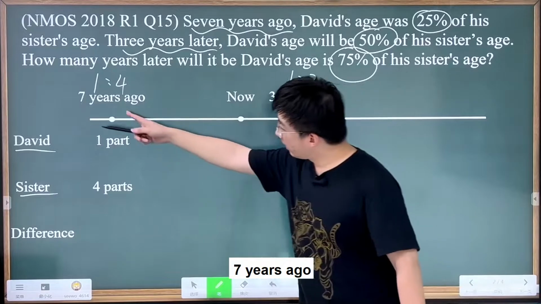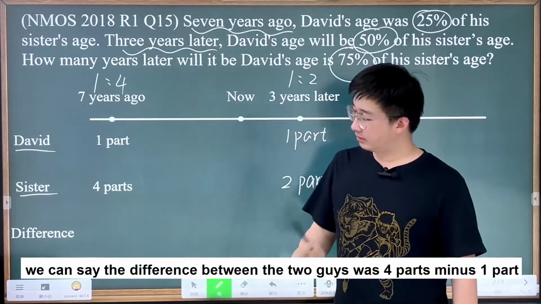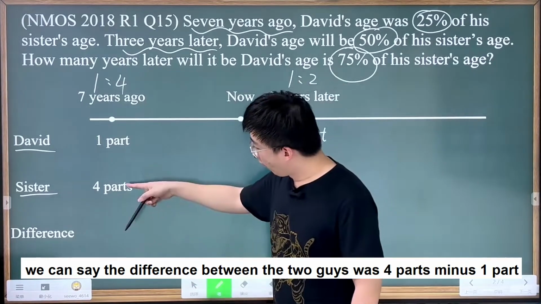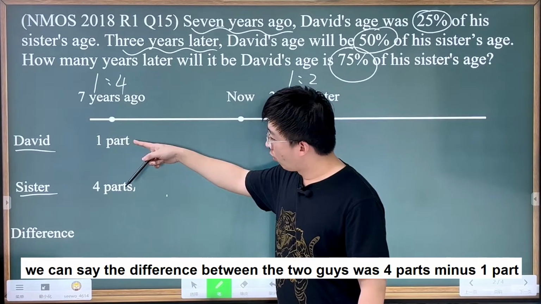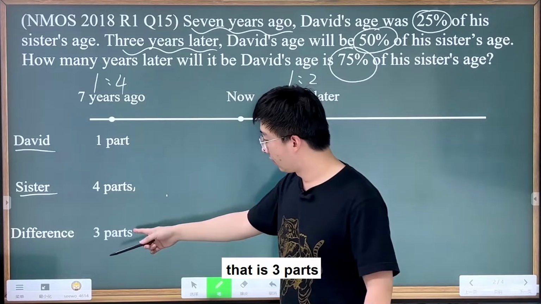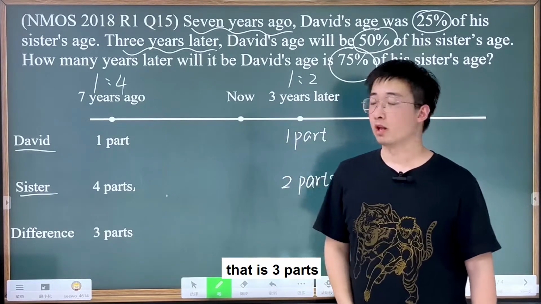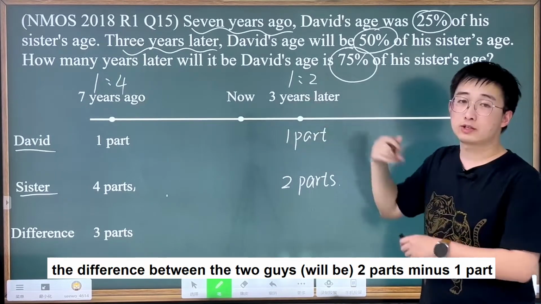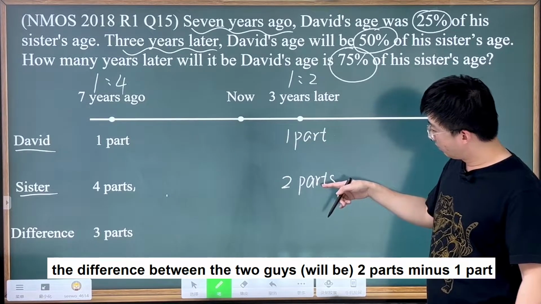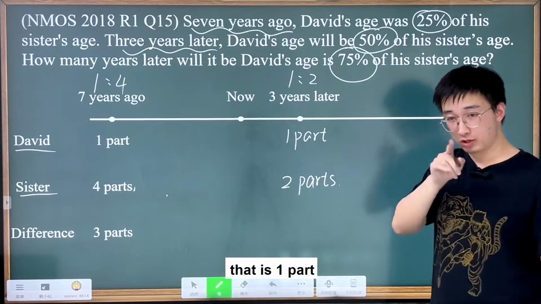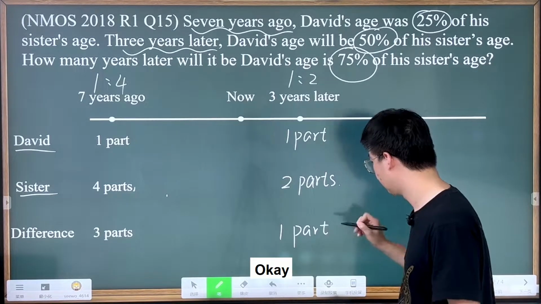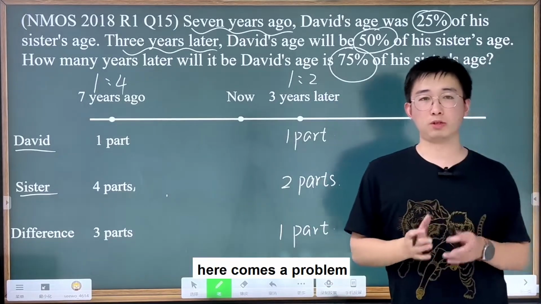Okay, 7 years ago, we can say the difference between the two guys was 4 parts minus 1 part. That is 3 parts. And 3 years later, the difference between two guys, 2 parts minus 1 part. That is 1 part. Okay, here comes a problem.